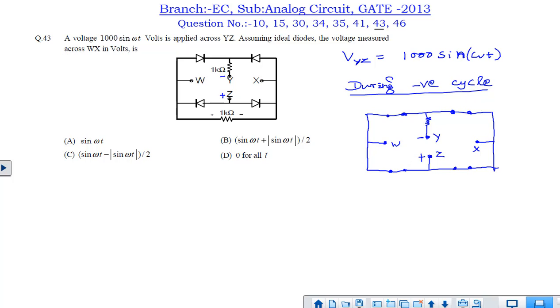That means again the voltage across WX is 0. So VWX is 0 at both positive and negative half cycle. That is, VWX is 0 at all the time. Hence the output voltage is 0 at all the time. Among the options, option D is the correct answer. Thank you.